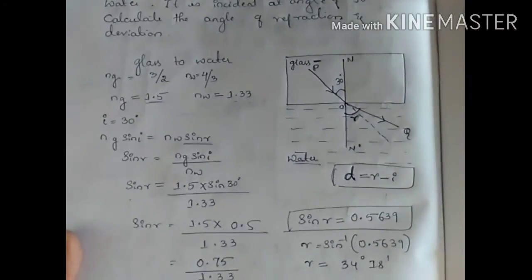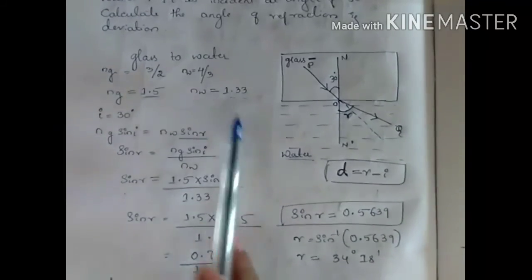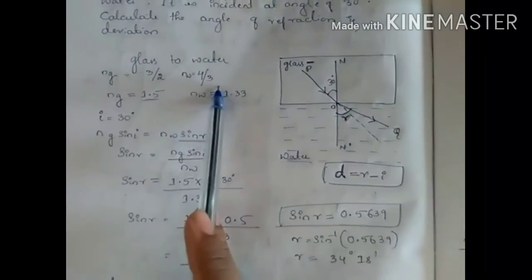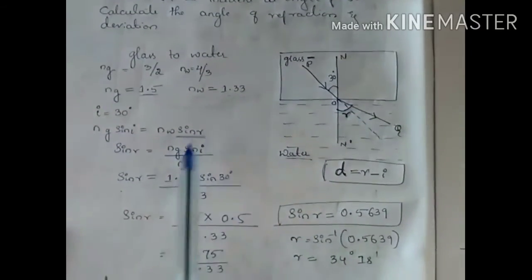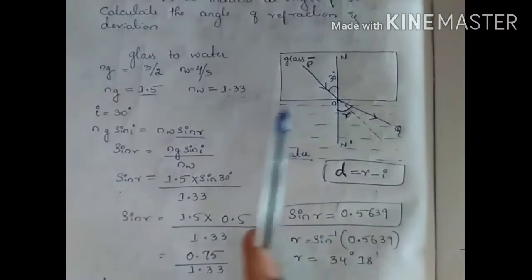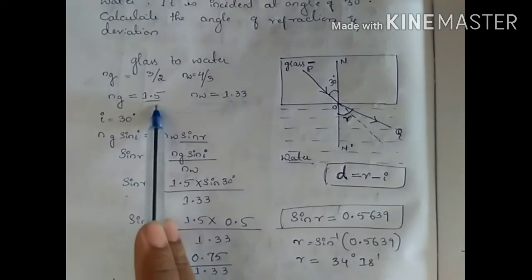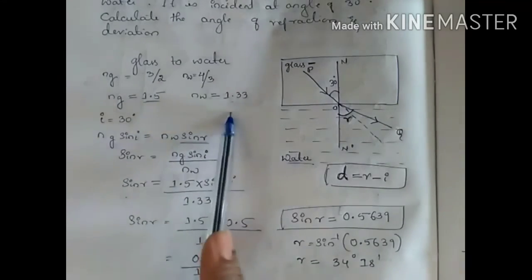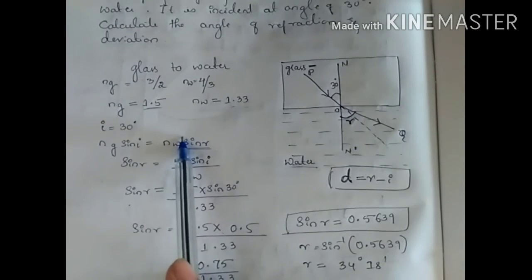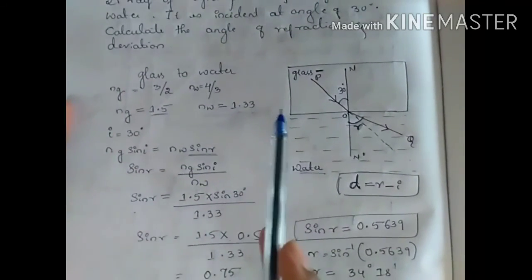To do that, we first needed the refractive index of glass and of water. From that we got to know whether the light ray is traveling from rarer medium to denser medium or from denser medium to rarer medium. Since the refractive index of the glass was higher, we said that the light is traveling from denser medium to rarer medium. Here water has less refractive index.